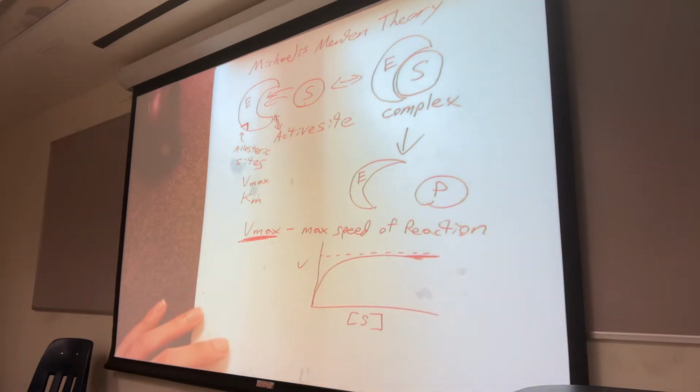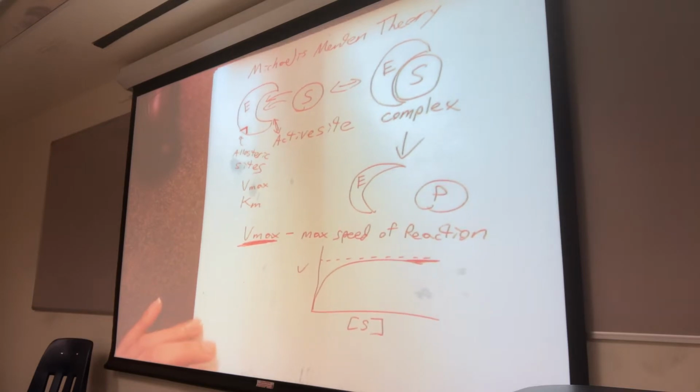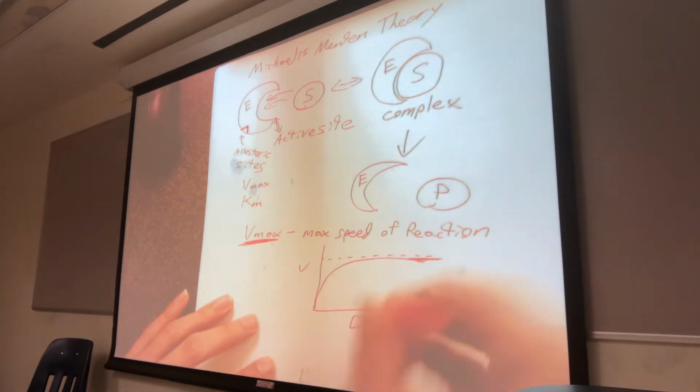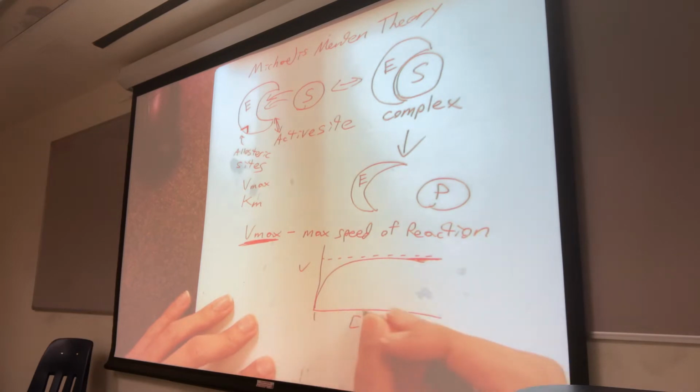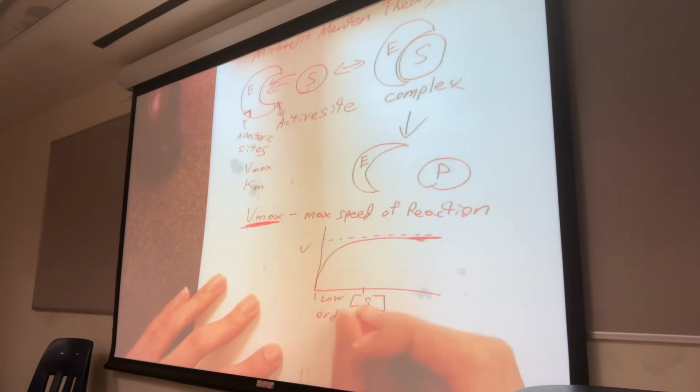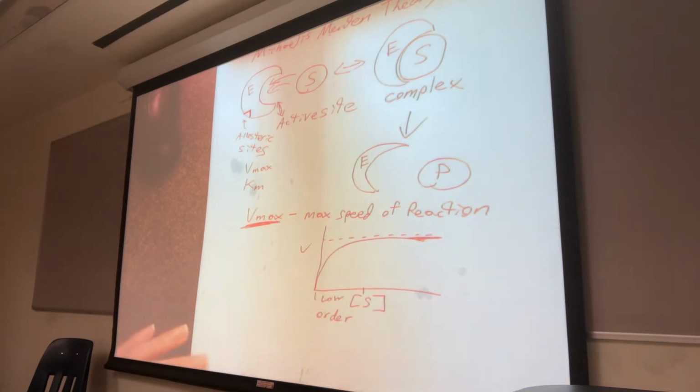In chemistry, you learned about orders of reactions, like zero order, first order, second order. You don't need to know about it in as much detail here as you did in Gen Chem. Although the notes and some of my old worksheets went over it, the only thing you really need to know is that at low substrate concentration, the reaction order, actually, does anyone know, what is the reaction order approximately? Zero, first, or second?